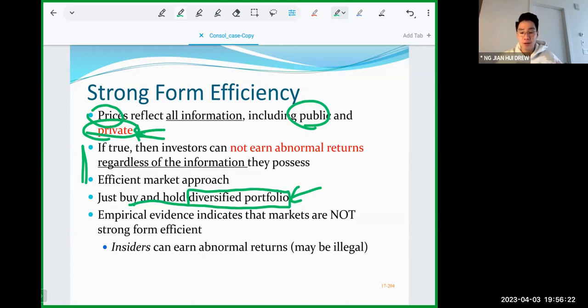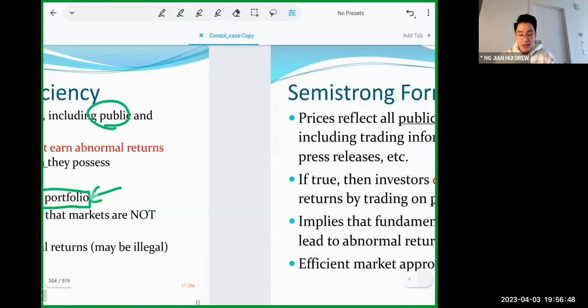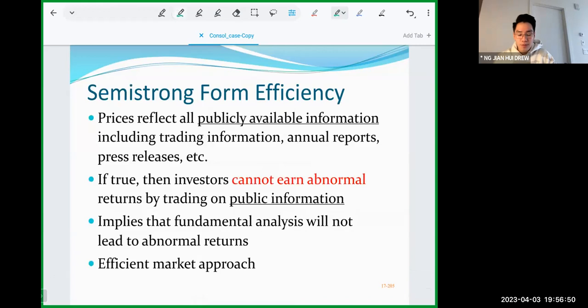Maybe Keppel is going to do an acquisition, and this acquisition will increase the stock price of Keppel. Of course, the market doesn't know that. So because you have private information, we know that strong form efficiency is not really the real-life scenario. We know that the market doesn't include only private information. So maybe the market is kind of like a semi-strong.